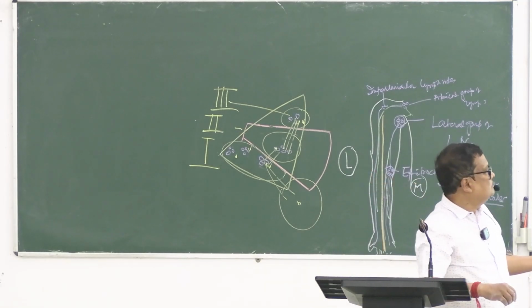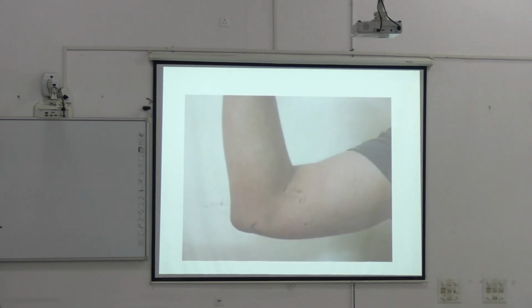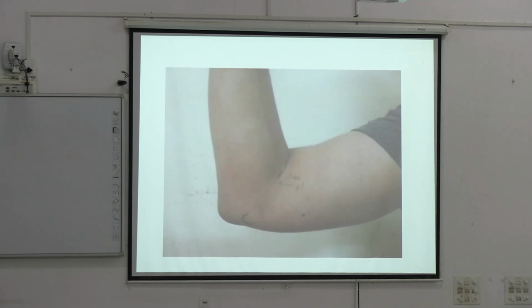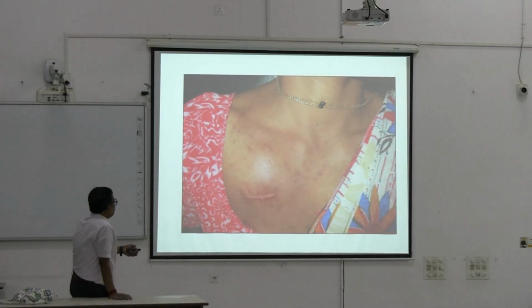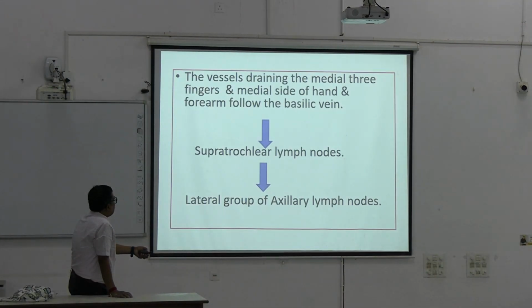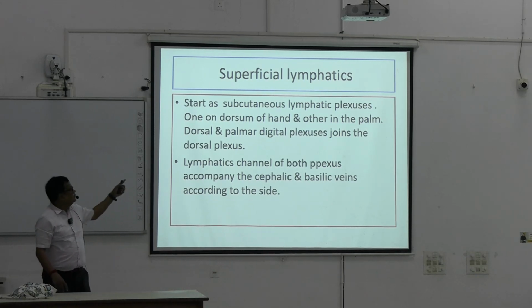So these are the lymphatic drainage of the superior extremity; involvement shows as epitrochlear lymph node enlargement. So what will you write in the exam? Write like this.